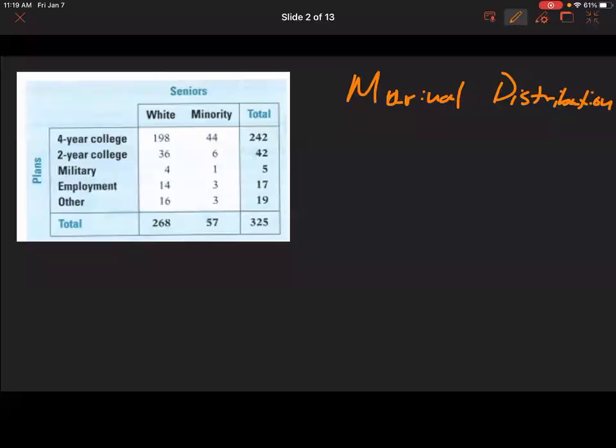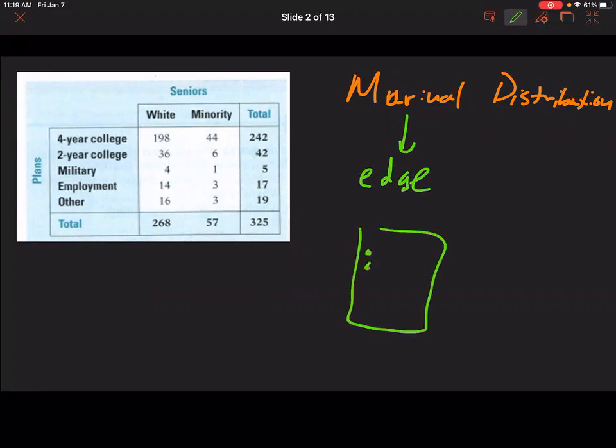The word margin basically just means edge. Like if you have a piece of paper, the area off to the side is called the margin because it's on the edge.